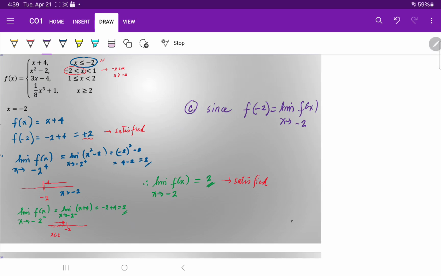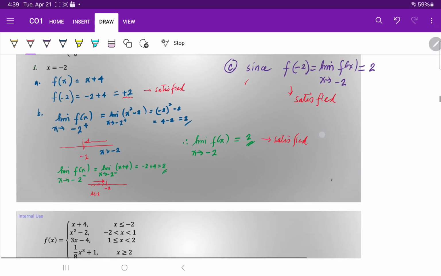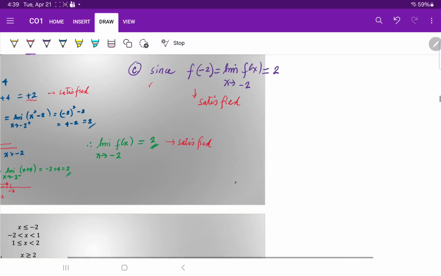So f of negative 2 is equal to what? 2. The limit of the function, or the two-sided limit, is also 2. So they are equal. So we say therefore that this third condition here is satisfied.